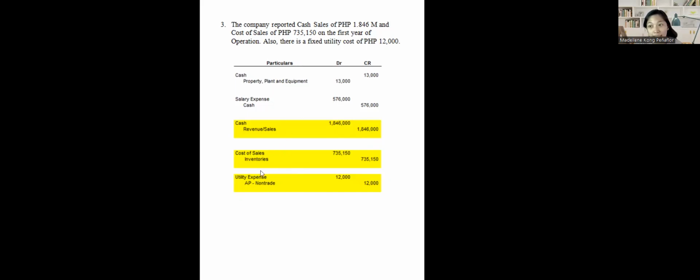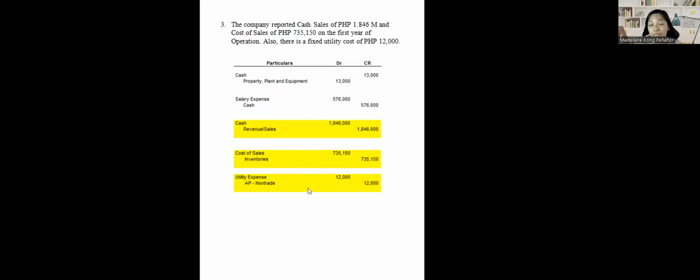Cost of sales is an expense, as we discussed previously. They incurred 735,150 cost of sales. So debit cost of sales 735,150 and credit inventory, since cost of sales is a deduction to inventory.